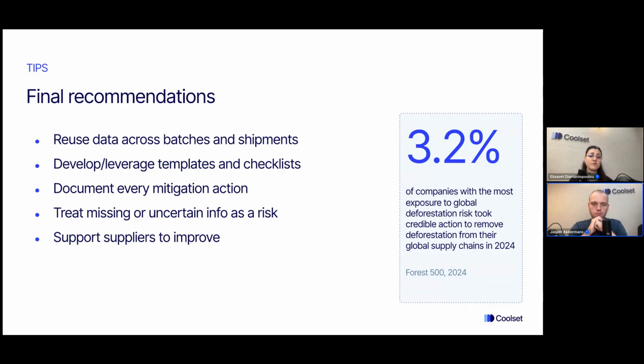And I would like to leave you with this statistic, which says that 3.2% of the top 500 companies with the most exposure to global deforestation risk were the only ones that took credible action to remove deforestation from their supply chains in 2024.